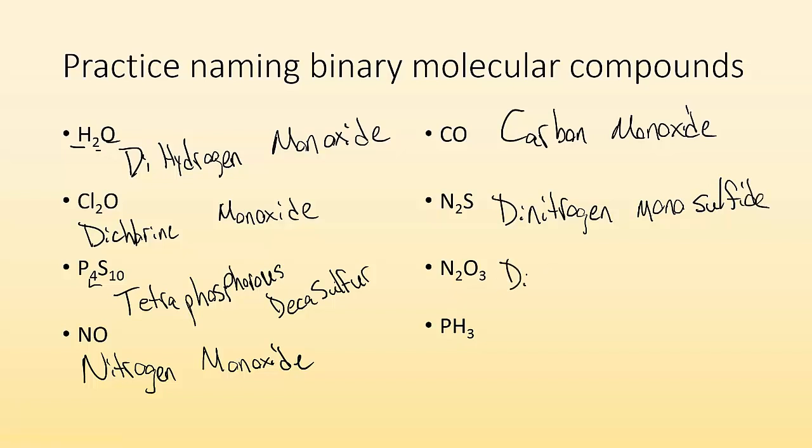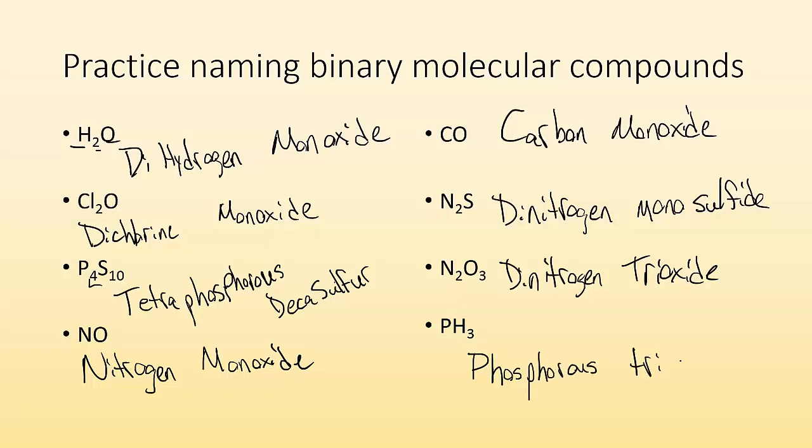N2O3, you'd have, again, dinitrogen trioxide, because you have three oxygens. And PH3, you'd have phosphorus trihydride. There you go. All right, so naming some simple organics.